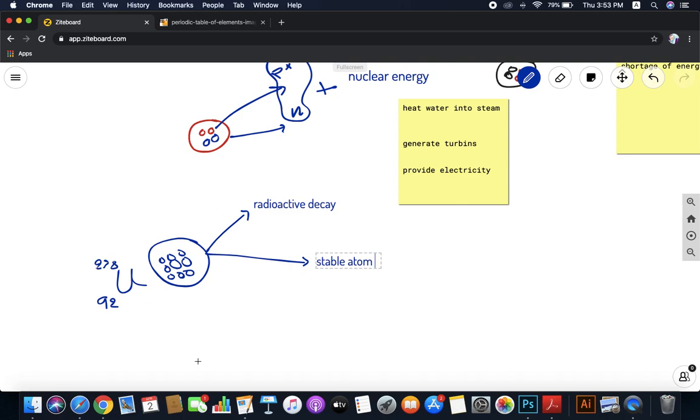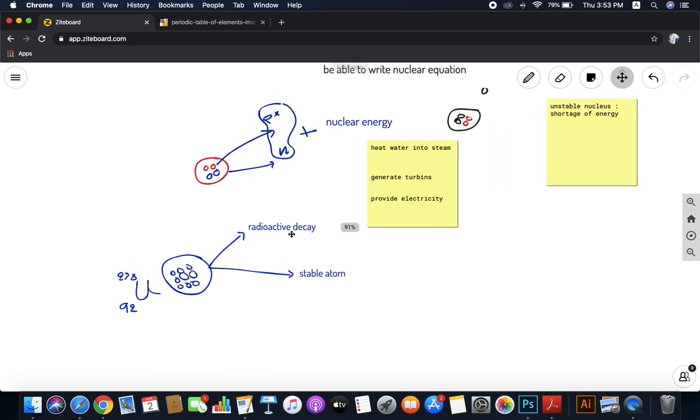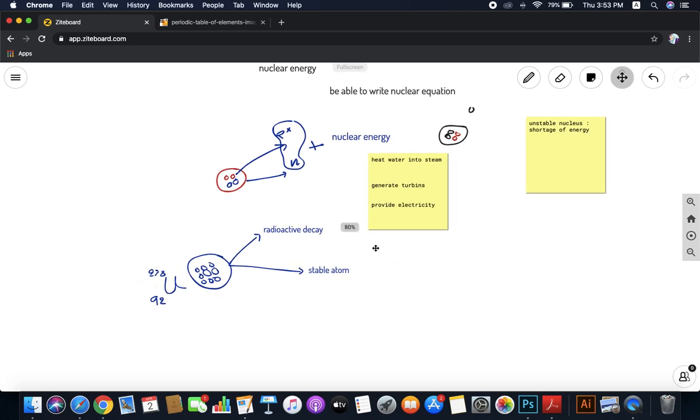So from the uranium, if it's going through a radioactive decay, it will produce one type from the radioactive decays and one stable atom. This process, we will call it splitting or transmutation. The transmutation happens for the atom when it loses protons and neutrons from the nucleus itself.